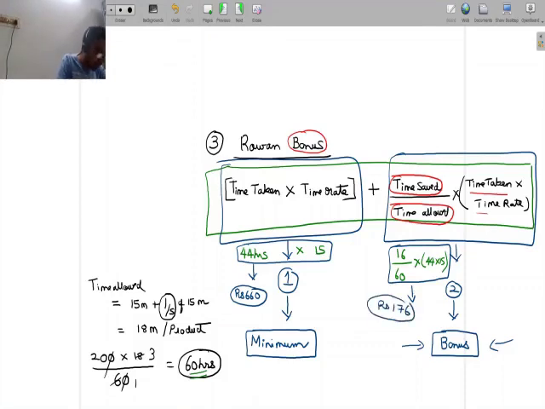So 660 plus 176, you get 836. So if the Rowan bonus plan is implemented, our worker is going to get 836 rupees. So this is the idea behind the Rowan bonus plan.